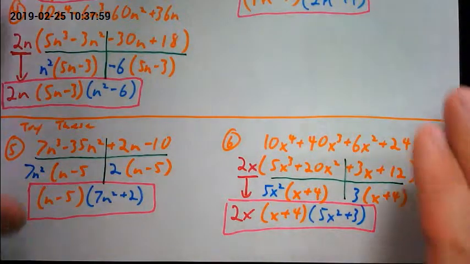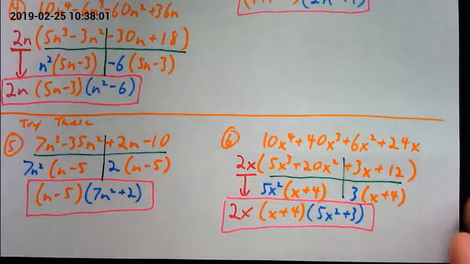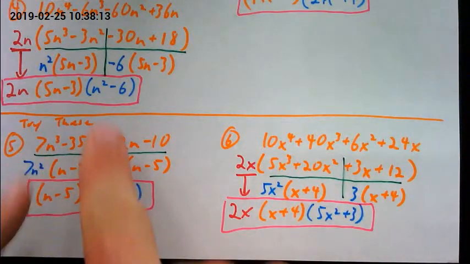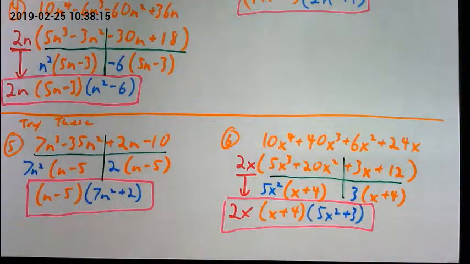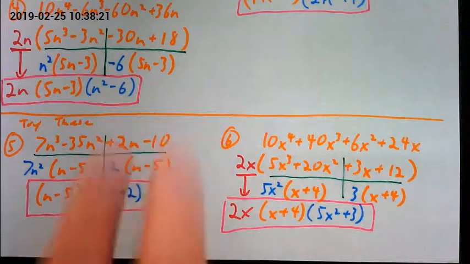All right. Let's talk through this real quick. And this will be the last thing for our notes for today. So, on number 5 there, that one does not have a GCF. So on number 5, no GCF. I started by doing the little cross there to separate my two terms. So I have my two binomials.